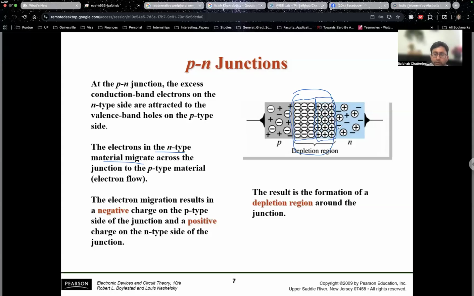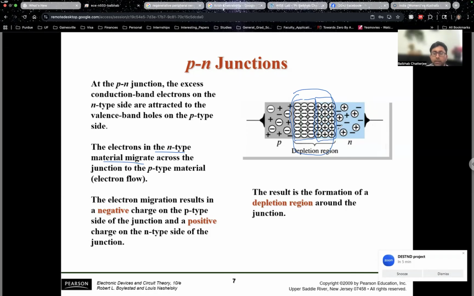And because the free electrons and free holes create the currents, they are basically the source of the current within the device. You call them the majority carriers. The electron is the majority carrier for the n-type semiconductor, and the hole is the majority carrier for the p-type semiconductor. Of course, there are the oppositely charged, let's say, free electrons or holes as well.